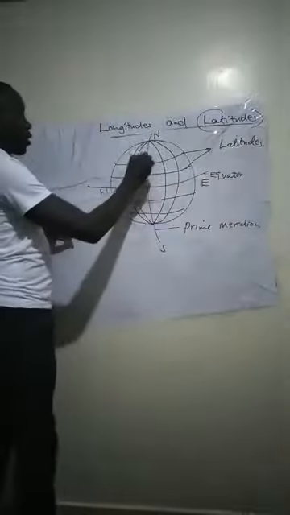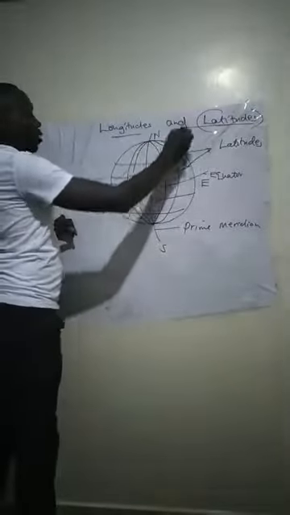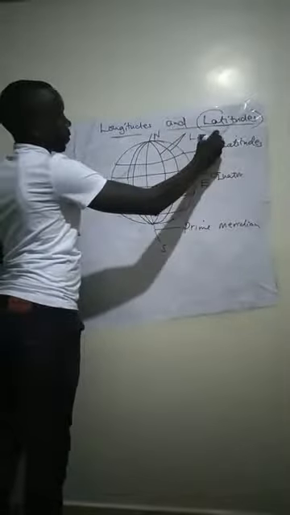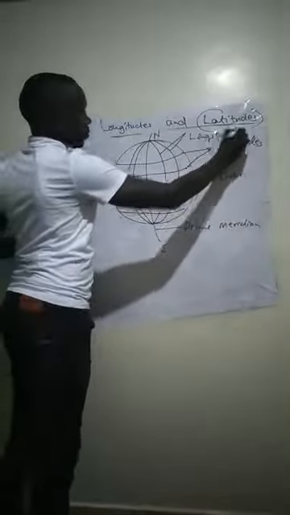These which run from the North Pole to the South Pole are called longitudes. North Pole to South Pole are longitudes, west to east are latitudes.